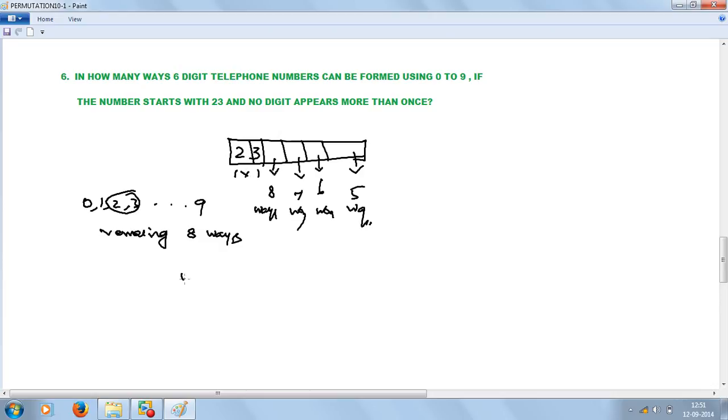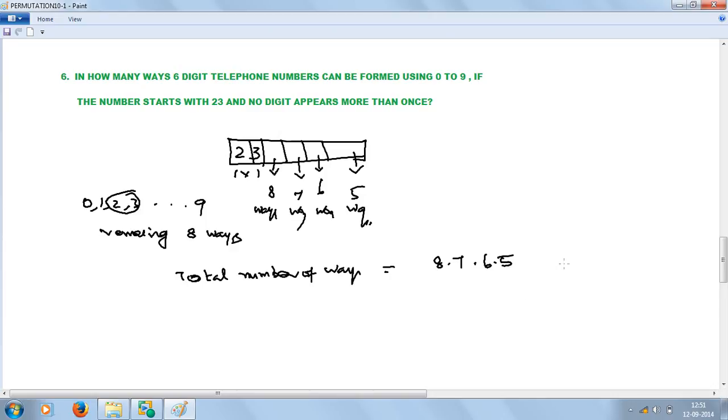So the total number of ways is equal to 8 multiplied by 7 multiplied by 6 multiplied by 5.